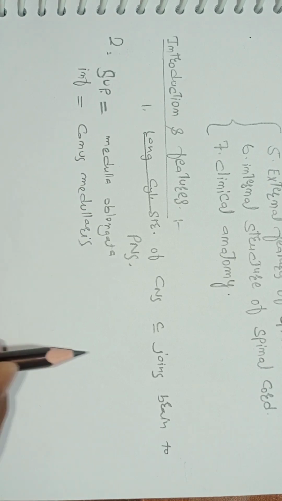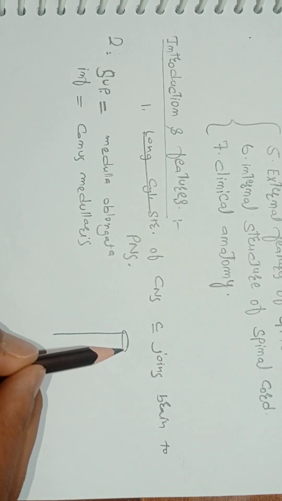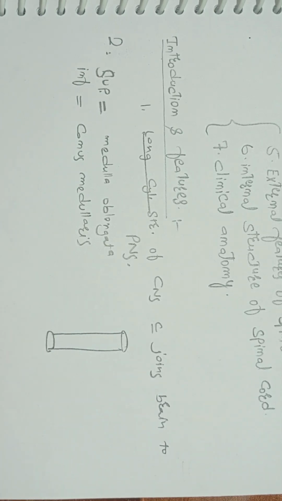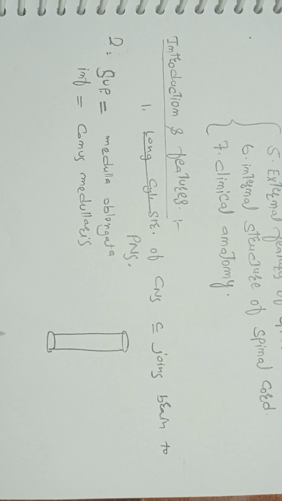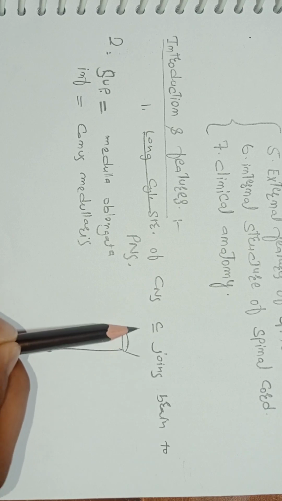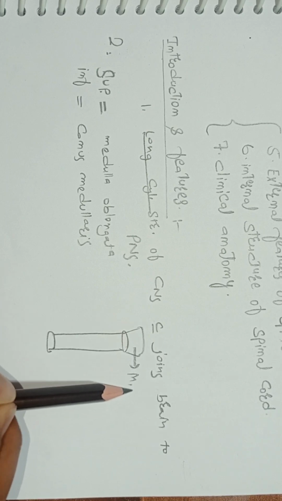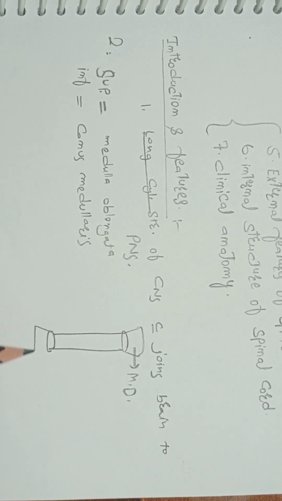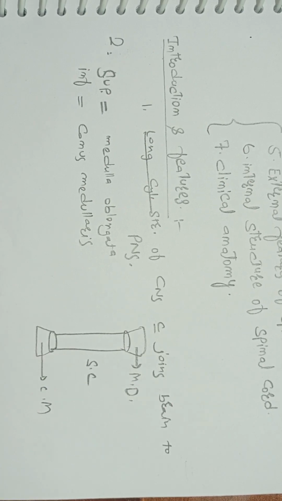This is a spinal cord, a long cylindrical structure, and it joins the central nervous system, it joins brain with the peripheral nervous system. Superiorly it is continuous with medulla oblongata, and inferiorly it terminates as conus medullaris. So these are the 2 points in introduction.